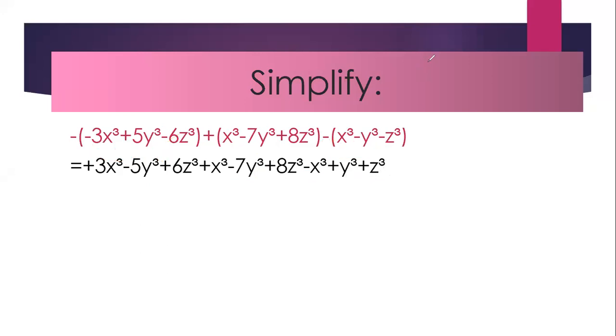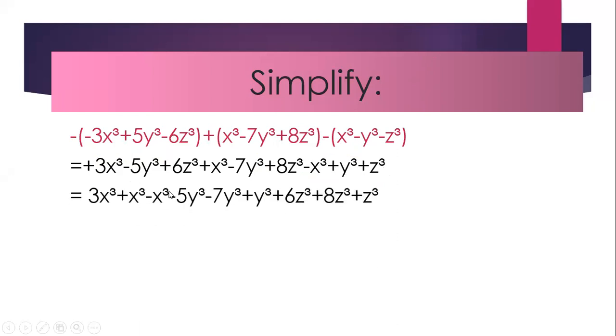Clear, everybody? Now, what about the second step, bete? We have to arrange the like terms. Now, here the like terms are arranged. Okay? You can simplify it easily. These 3 terms are of x cube, these 3 terms are of y cube, and these 3 terms are of z cube.